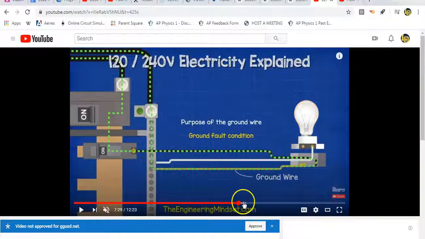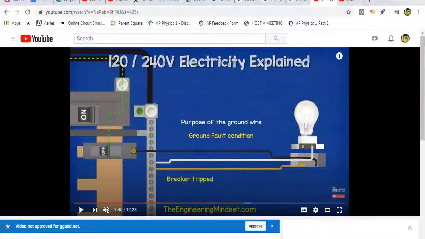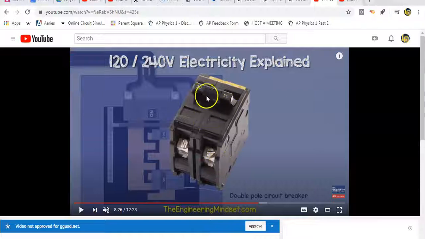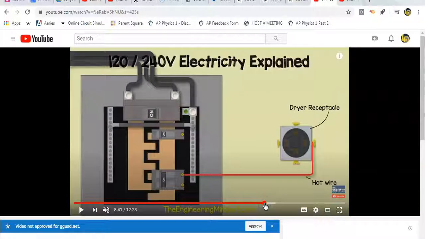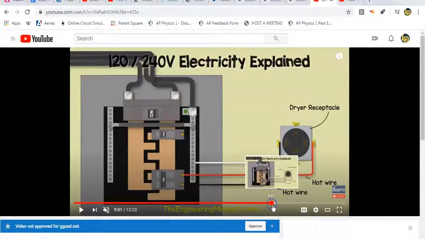When you get something using both hot wires, you get this circuit breaker that is a double-looking one, and it's going to go across both. Okay, do you see how this side here is touching the right-hand side of this, which is touching the right hot wire, and this left-hand part is touching the other one? You can still use the neutral if you want.